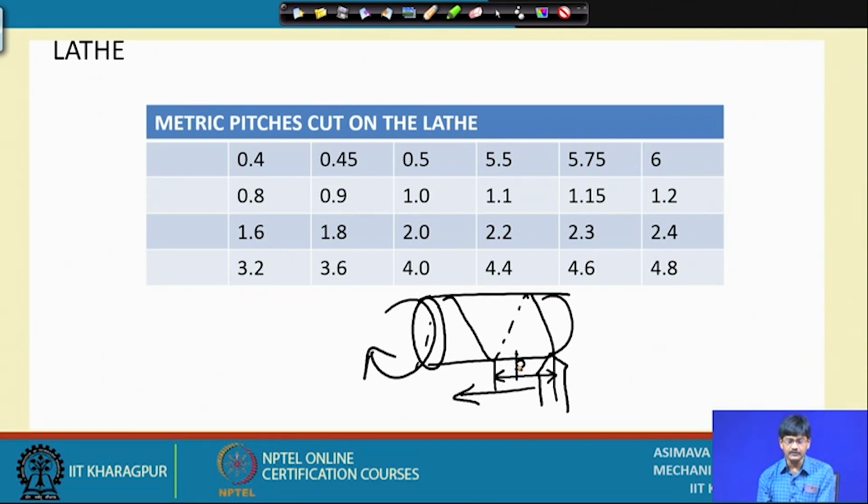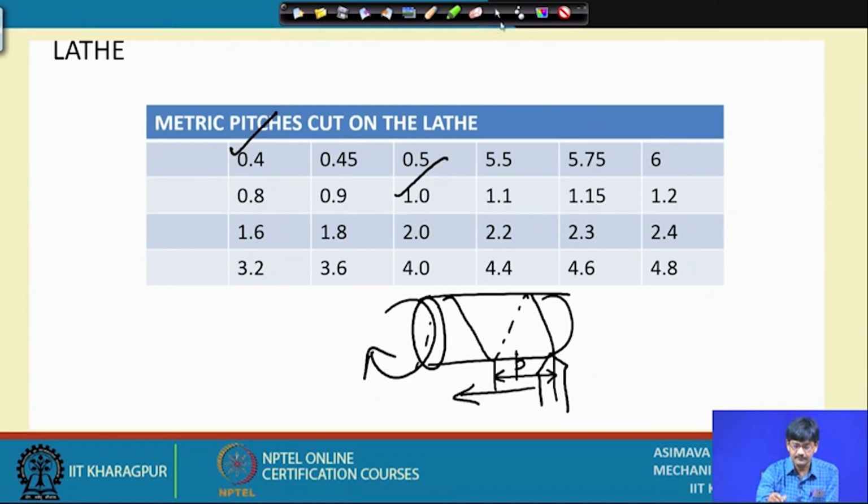And on the lathe you might find that there is a chart given in which they claim that if you want to cut this pitch, you set the gears in a particular manner. If you want to cut this pitch, you set the gears in another manner, etc. So, we will have a quick look how this works.